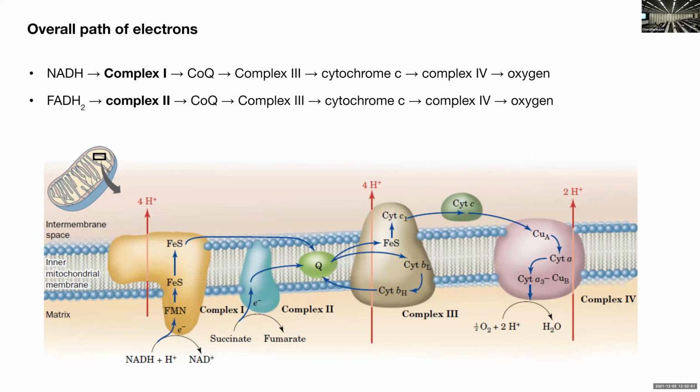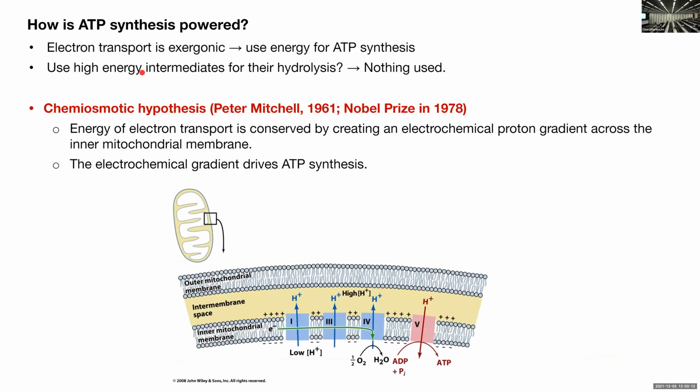And here's the overall path of electrons going through the electron transport chain. There are two paths here, and we already talked about that. The only difference is the beginning stage, whether it goes through complex 1 or complex 2, and it will actually generate different results, right?